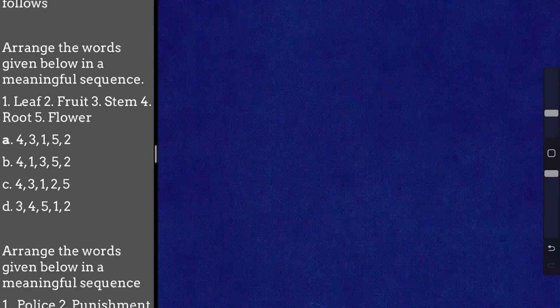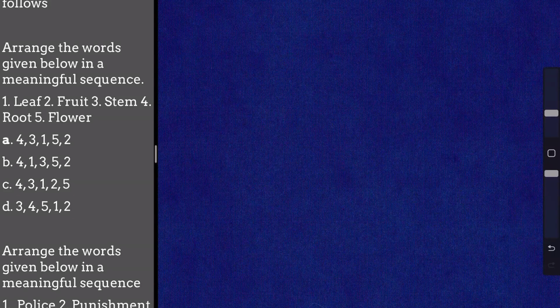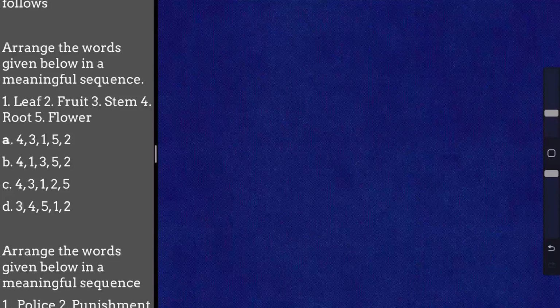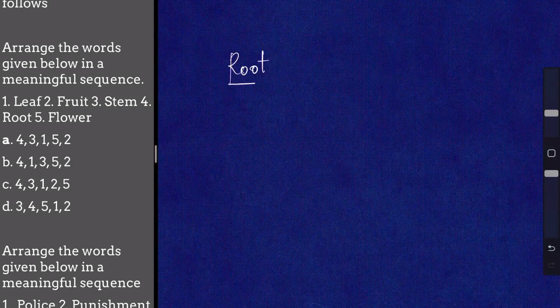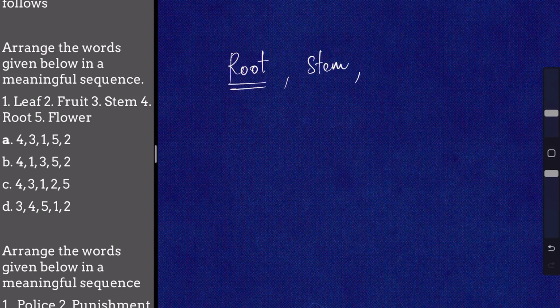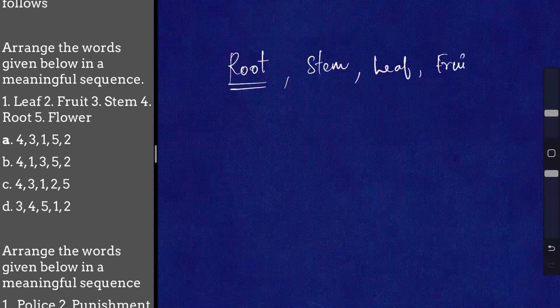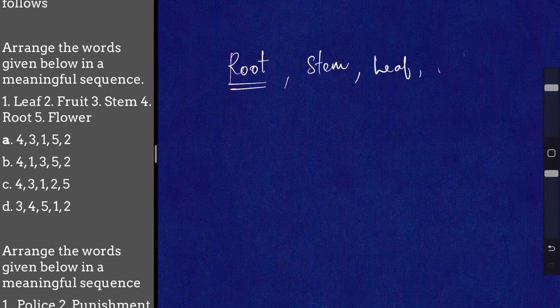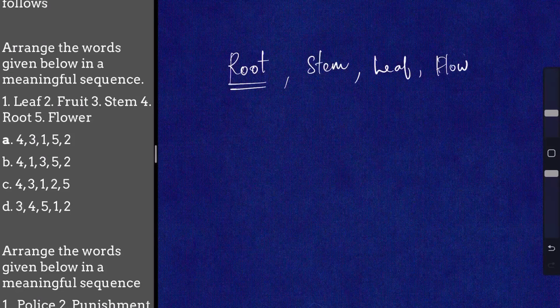Arrange the words given below in a meaningful sequence. I think we have already done this question, but let me just briefly do that again. First would be root. Without root there is nothing. Then after root we have the stem, then a leaf, then we will have the flower, and finally we will have the fruit.